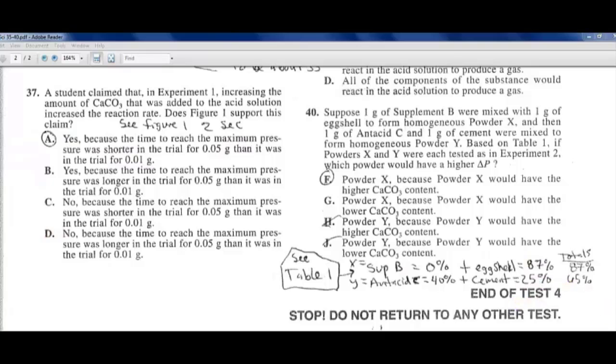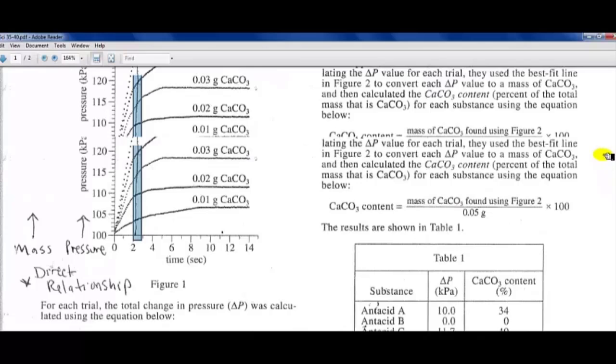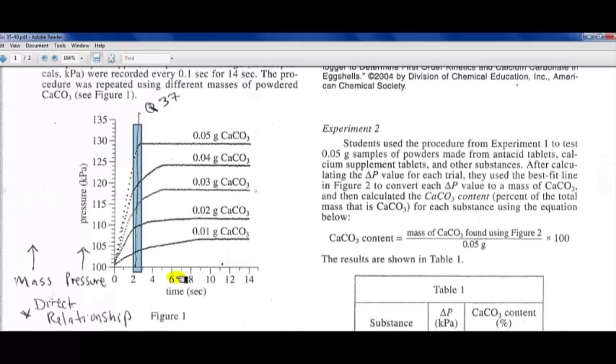Scroll on up. Take a look again. We looked at 2 seconds. Here, 0.05, and here 0.01. And here we went all the way up at 2 seconds and then just a hair longer and we were at the maximum, whereas here in 0.01 we went up, but it still gradually went up, went up, and it took a while before it got to its maximum.